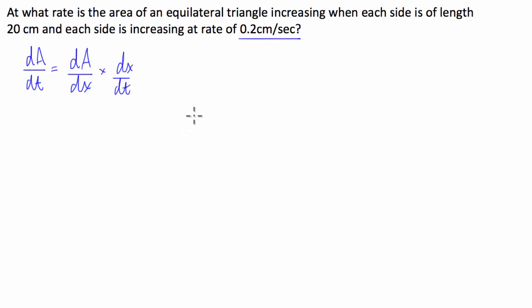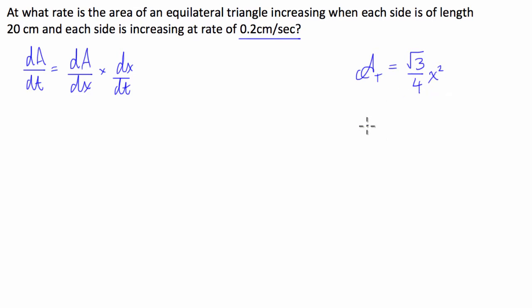So first of all, let's just work out what the area of an equilateral triangle is. The area of an equilateral triangle is equal to square root 3 over 4 times the side length squared. Cool, so that's just an area formula for an equilateral triangle when we have the side length.